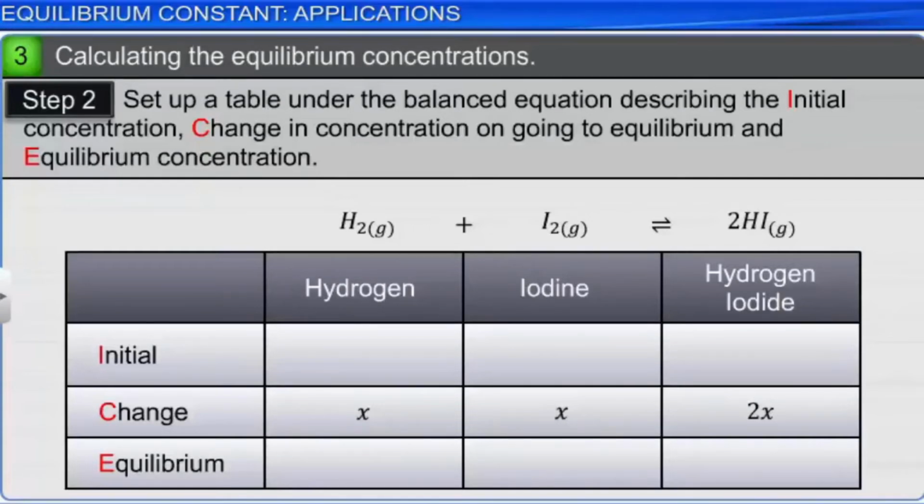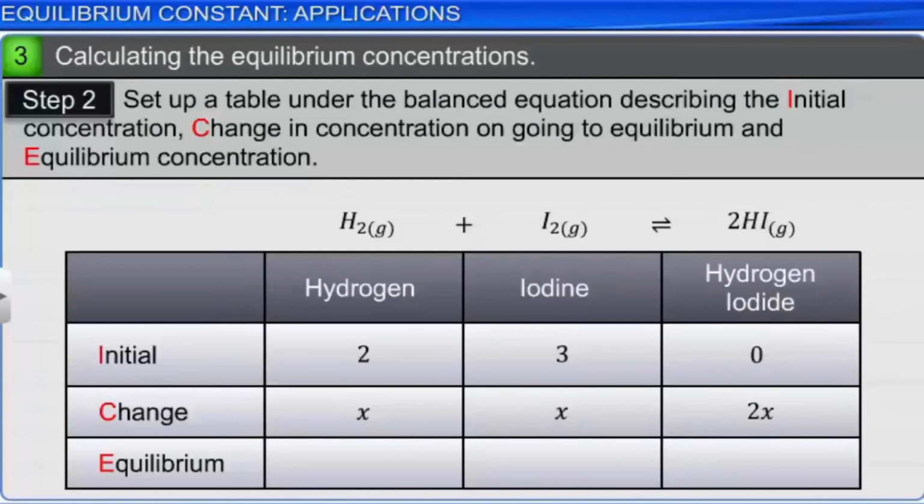The ICE chart for the given problem is: the initial concentrations of hydrogen and iodine in the reaction mixture are 2 moles and 3 moles respectively, while it is 0 for hydrogen iodide as it is not present at the beginning of the reaction.